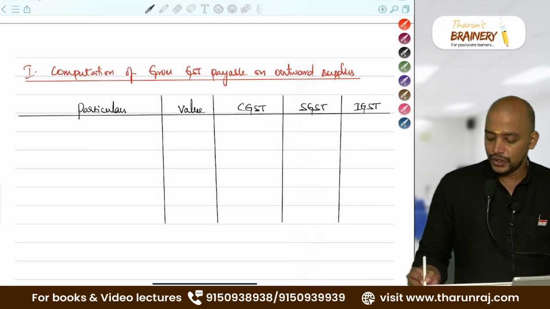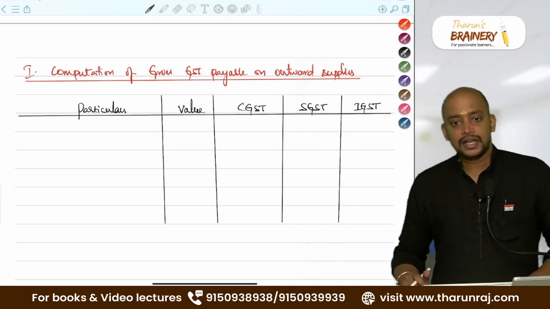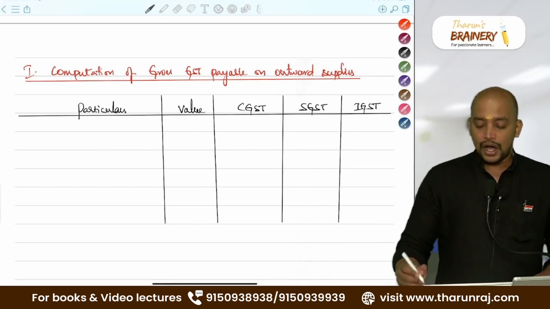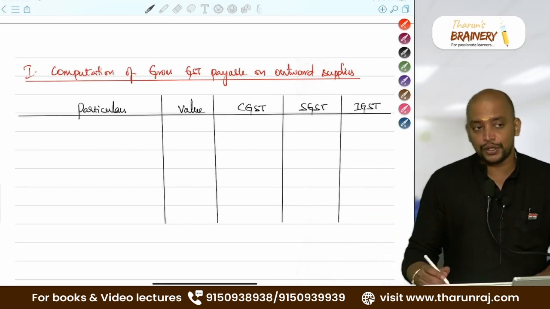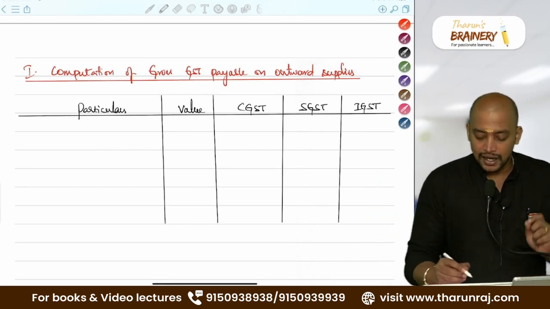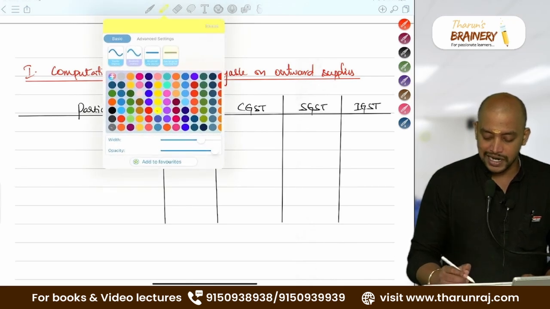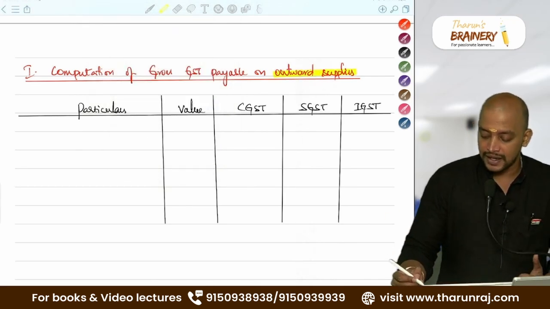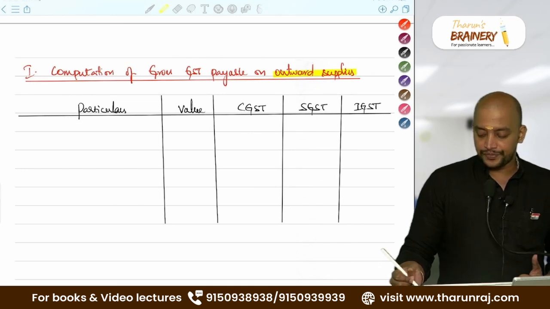Now, you will see one transaction, and the first thing that you need to know is that outward supply. You have to take outward supplies only, not the inward supplies, be careful. You need to see only outward supplies. So, see that transaction.